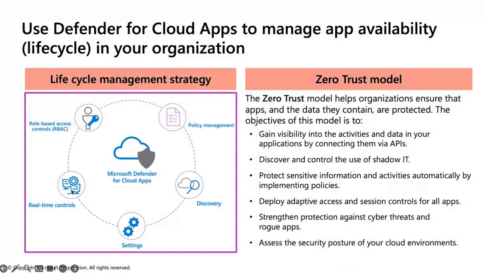We can configure real-time controls using policies and RBAC, in case we want to control this kind of application management. We can create policy management, controlling what kind of behavior and what kind of data will be accessible and provided to the end user who is accessing it. Many different components are involved in lifecycle management.